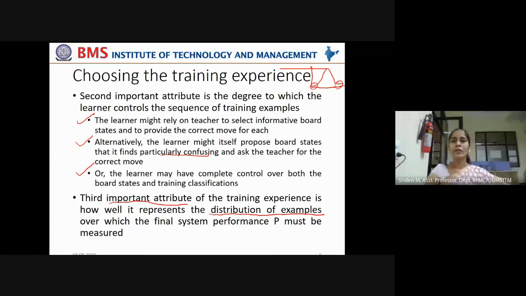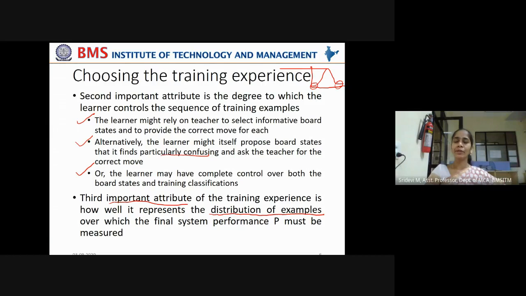Now, the distribution of the examples from which the learner is learning should have the same distribution as the examples on which the learner will be tested.